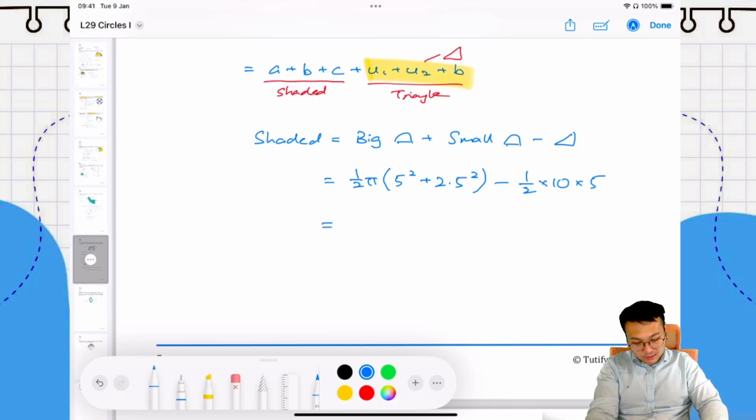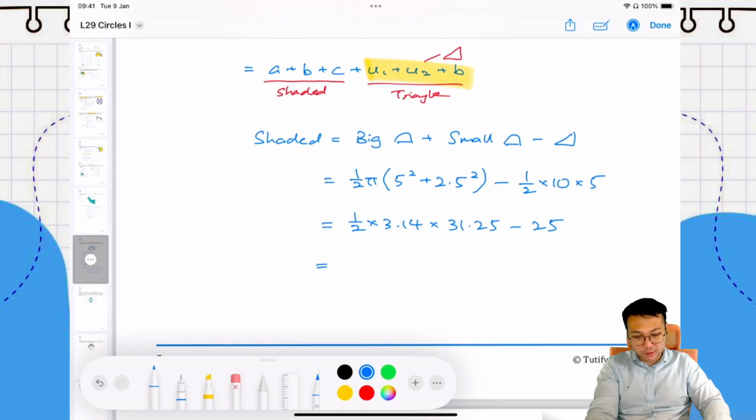So, half times pi times 31.25 minus 25. There we go. So we will end up with a lot of decimals, but it's okay.